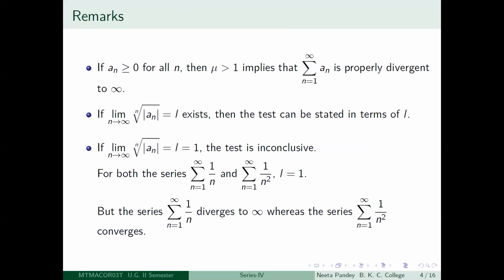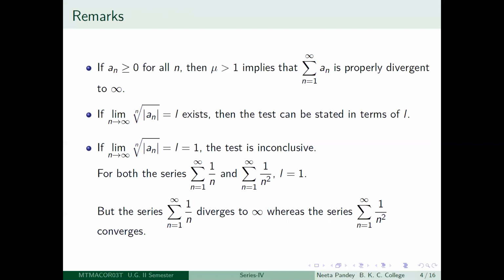So again, the example which I am taking is the same example. Look at the harmonic series, summation n equal to 1 to infinity of 1/n, and the series summation n equal to 1 to infinity of 1/n squared. Then we know that the limit as n tends to infinity of the nth root of n is equal to 1, right?